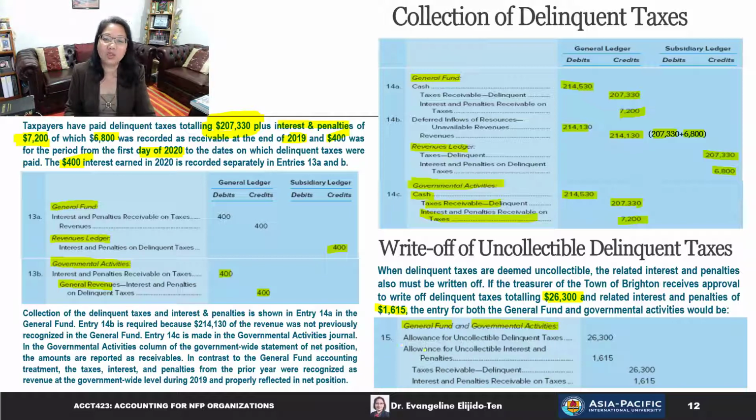So we will also be debiting allowance for uncollectible interest and penalties, 1,615. And what do we credit? We'll need to now reduce the tax receivable delinquent account for that amount, and also the interest and penalties receivable on taxes for the same amount.